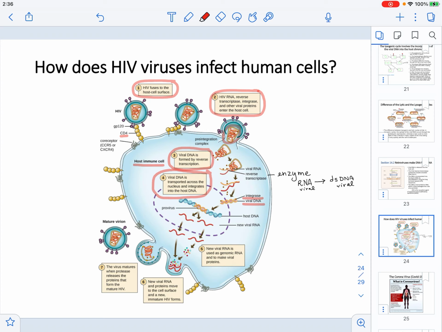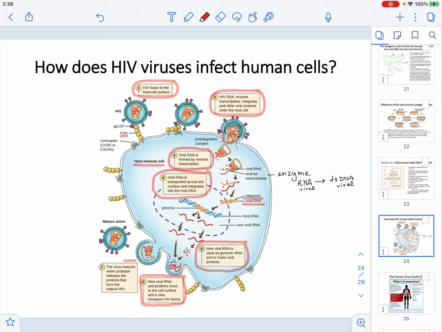So step 5 illustrates that the new viral RNA is used as genomic RNA and to make viral proteins. Then, on step 6, the new viral RNA and proteins move to the cell surface, and a new immature HIV forms.